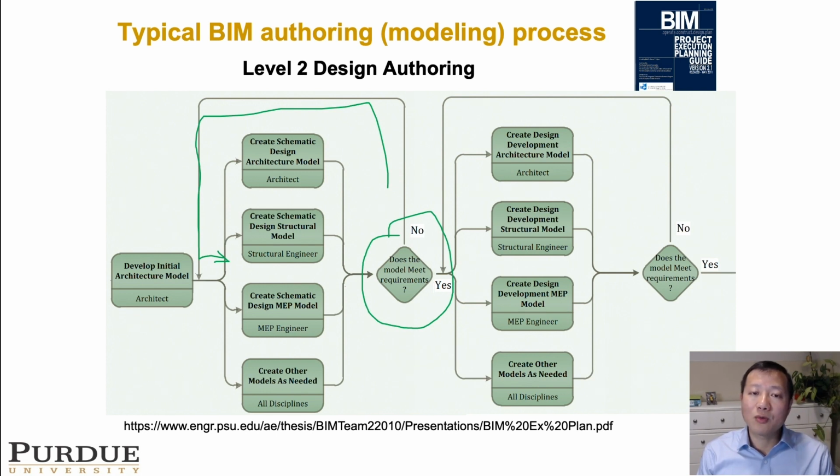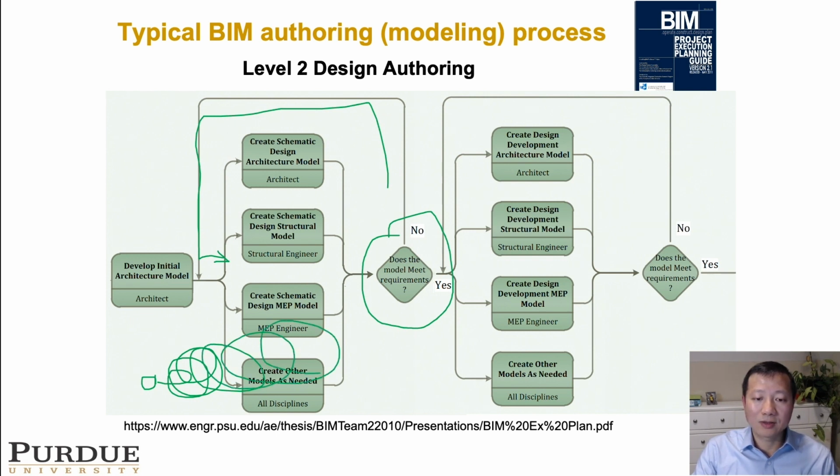So essentially what you're looking at here is a cyclic and repetitive process, right? So what that means is that you start with this very starting point, and then you go through several cycles of the very first stage of repetition until you reach a model that is satisfactory or meets your requirements.